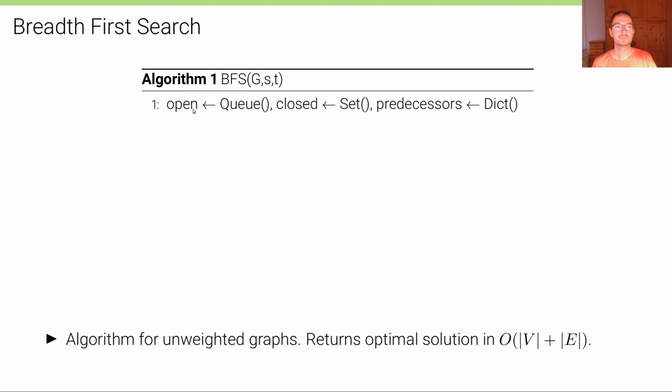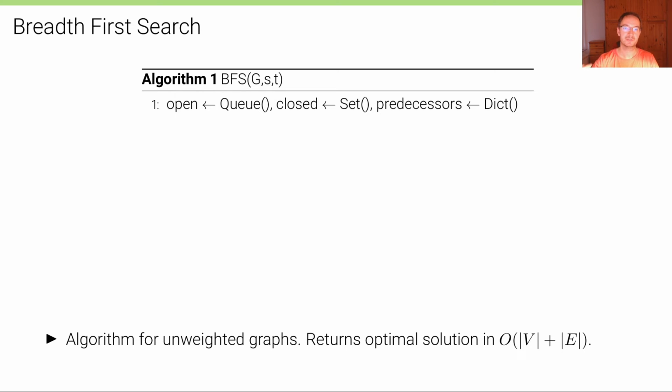The open queue is storing all the elements that we still need to work through, and the closed variable is the set of all nodes in the graph that we already have processed, and the predecessors is a list of sequential elements that we need later on to backtrack the result.